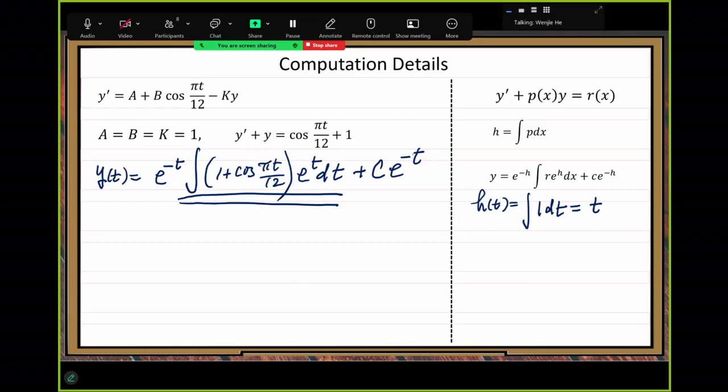So here, let me just focus on that integral part. For that integral, we can split it into two integrals. The first one is simple, e to the t dt, plus the second, a little harder, cosine.